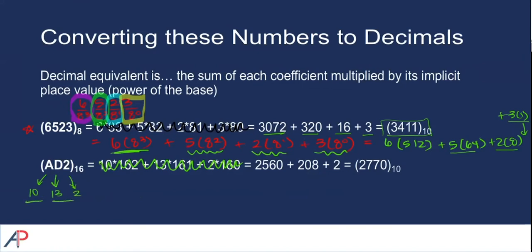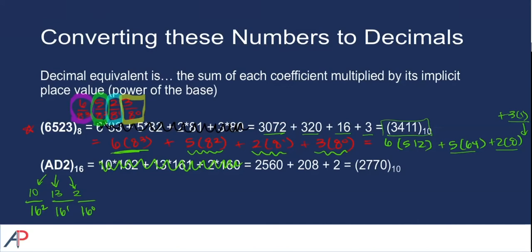In terms of place values, starting from the right-hand side, that's 16 to the 0 power, then 16 to the first, then 16 to the second power. We are now going to multiply our number in a certain place value, so our coefficients, with the place value itself, then find the sum of all of those values.